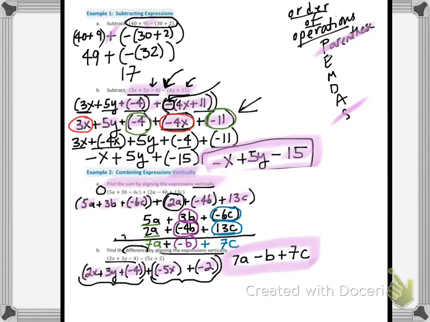And again, that left expression, since we're talking about a difference, always needs to go on top. So we're going to do 2x plus 3y plus negative 4. Now we have the subtraction sign.